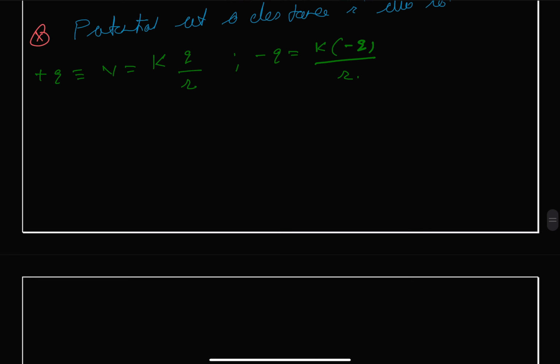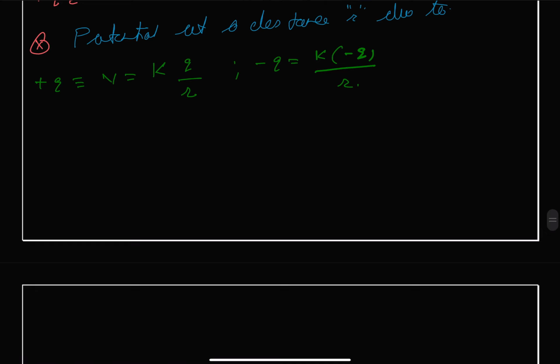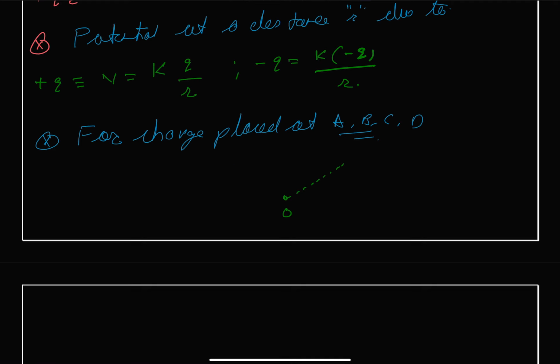We need to find the electric field or potential in every case at the center, that is O. So for charges placed at A, B, C, D, this is our center O, and we have the charges diagonally opposite to each other.